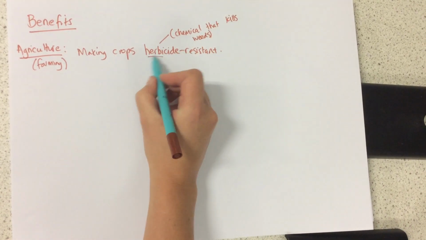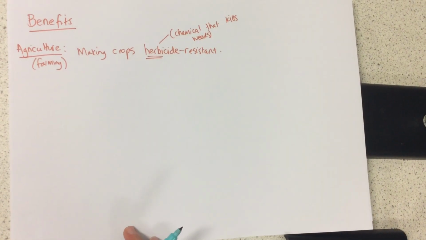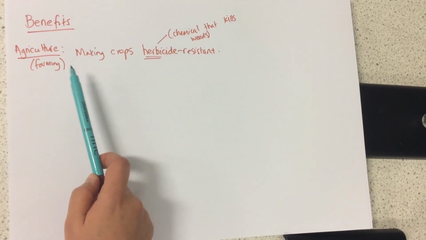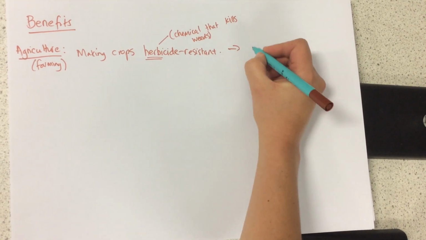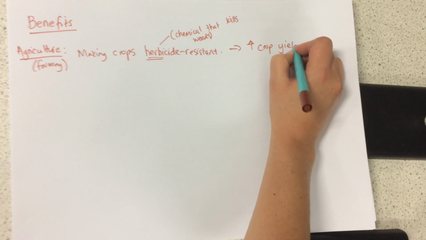That word herb sounds a bit like something to do with plants, but it's not the good kind of plants. If farmers are able to spray this on the crops, a really big benefit is that it will increase the crop yield, and therefore the farmer can sell a lot more of his product.